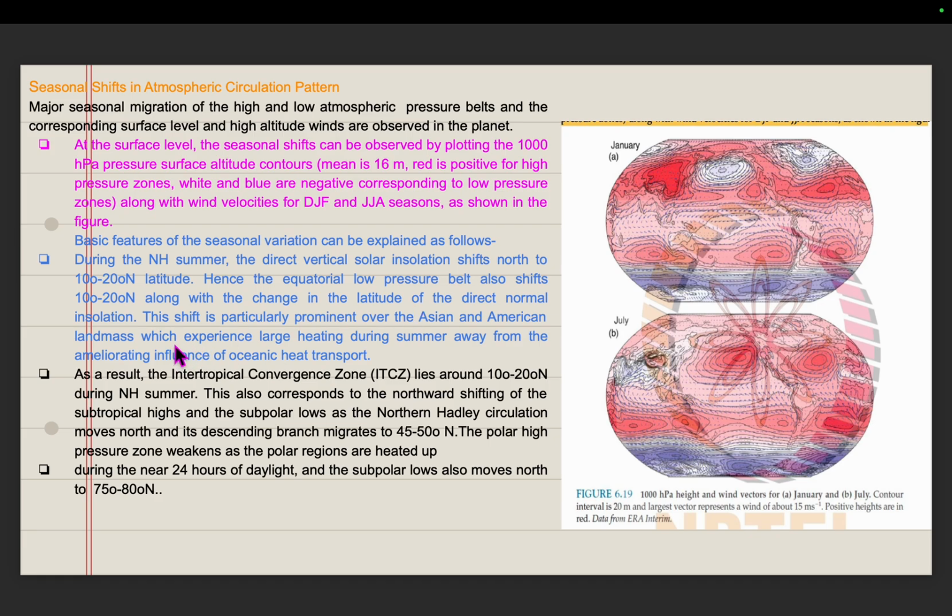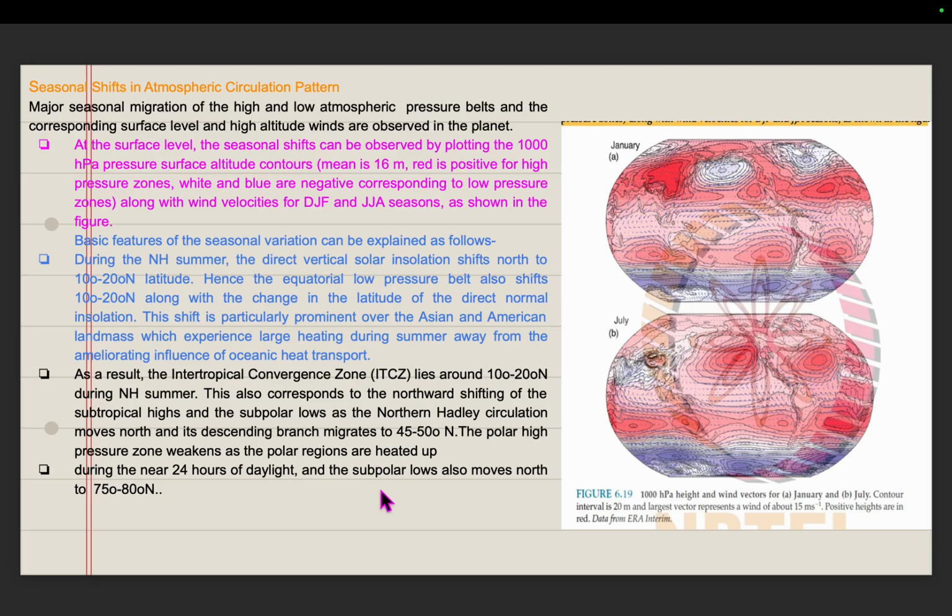This shift is particularly prominent over the Asian and the American landmass, which experience large heating during the summer season away from the ameliorating influence of ocean heat transport.